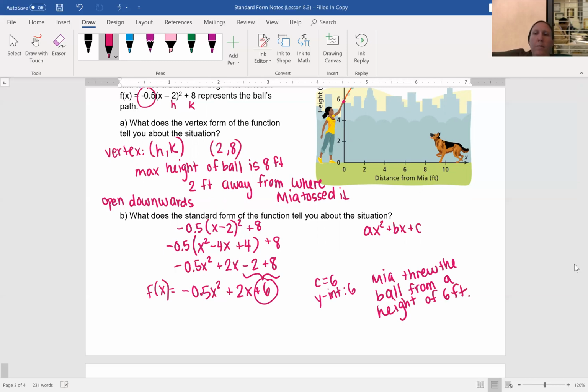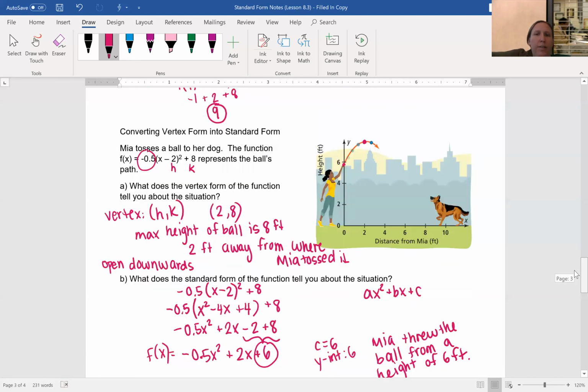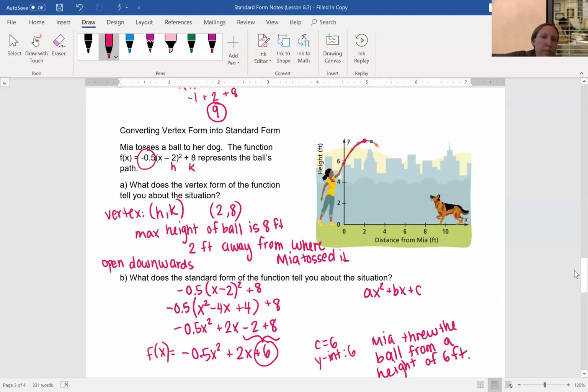I do want to point out that as this ball continued down, wherever it landed, I don't quite know. We will figure that out eventually in chapter 9. But it's not going to make sense to continue drawing our parabola because that would then mean the ball is going underground.